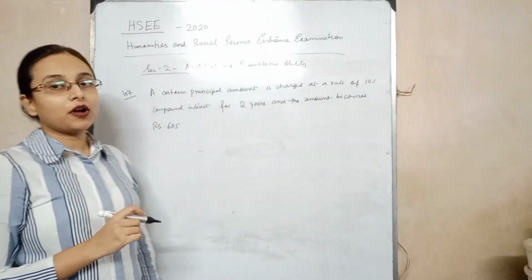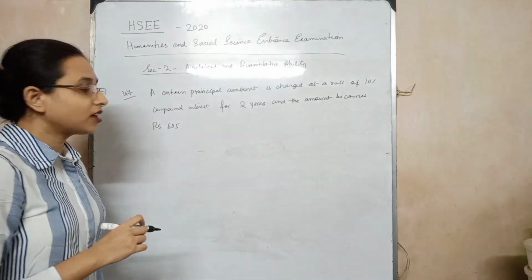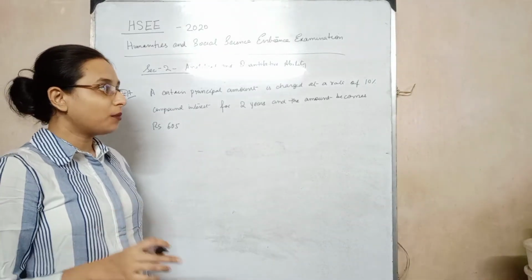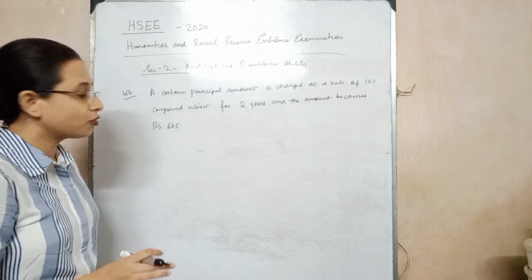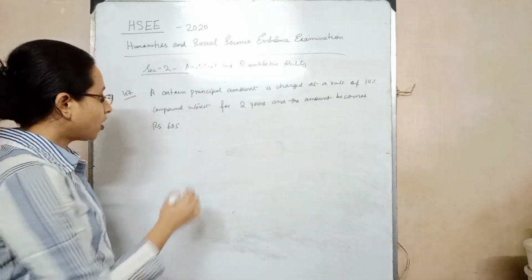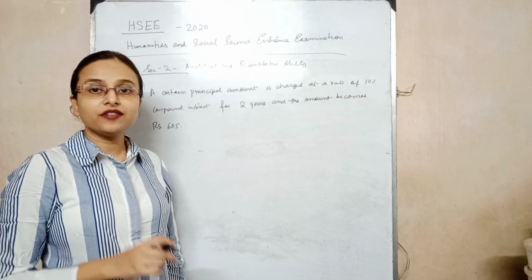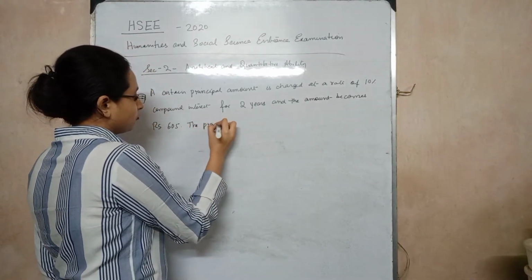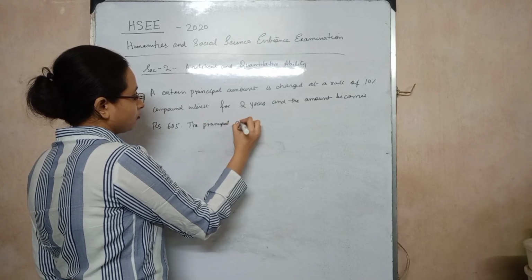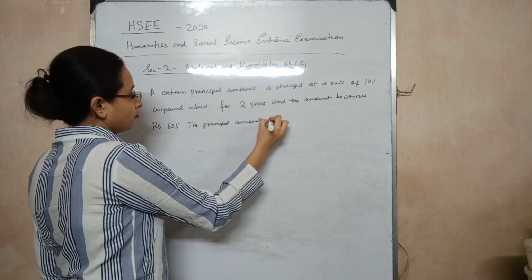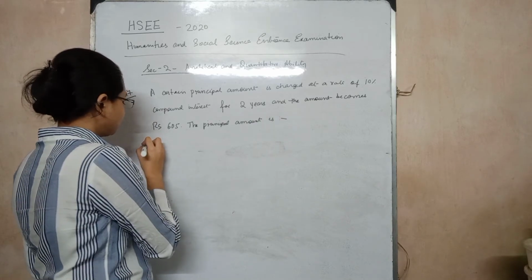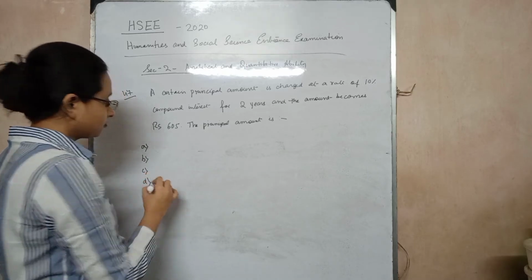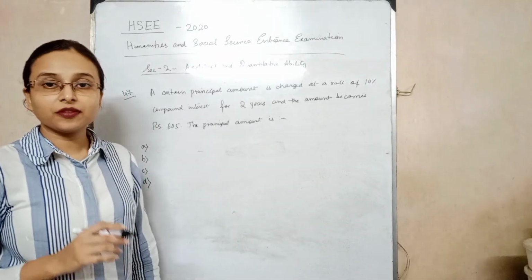A certain principal amount is charged at a rate of 10% compound interest for 2 years. And then after that, the amount totals to rupees 605. Now comes the question. The principal amount is... so we have to find out the principal amount.